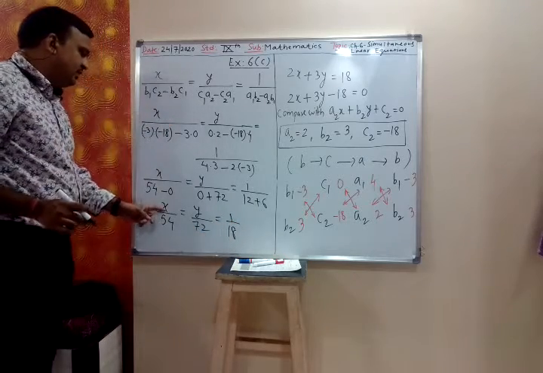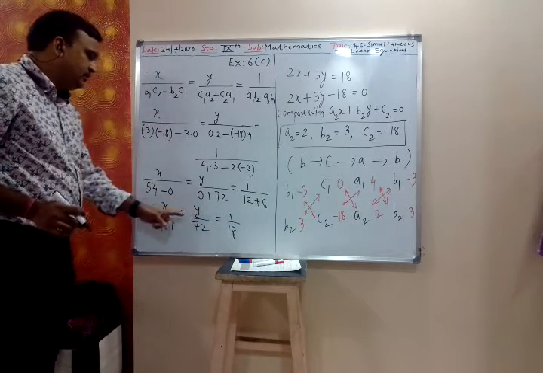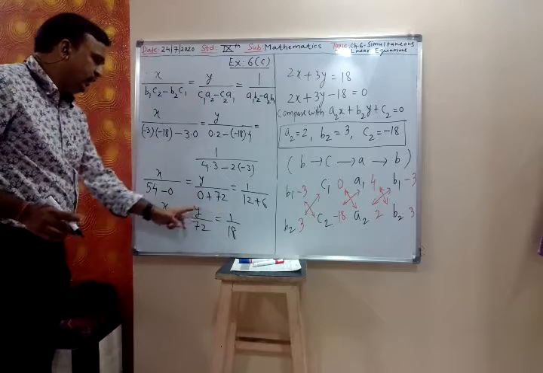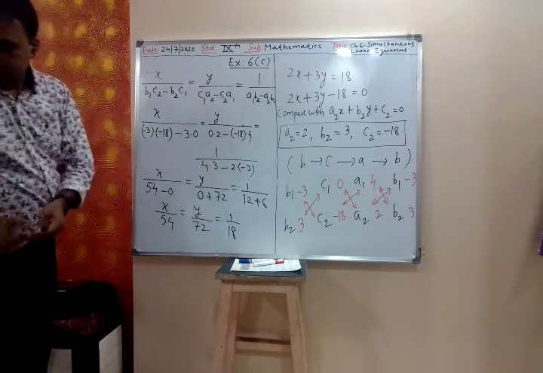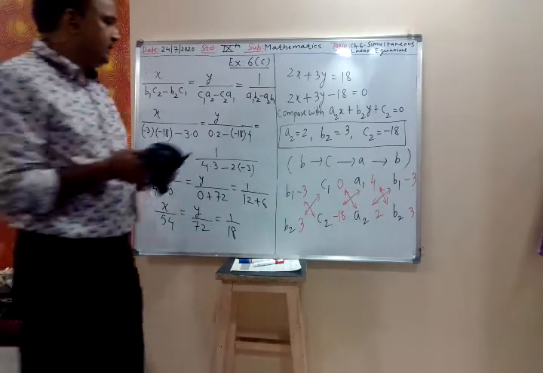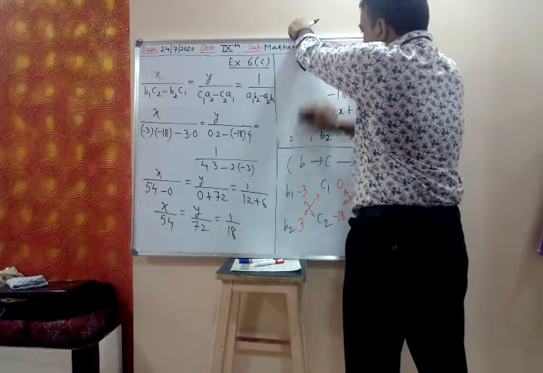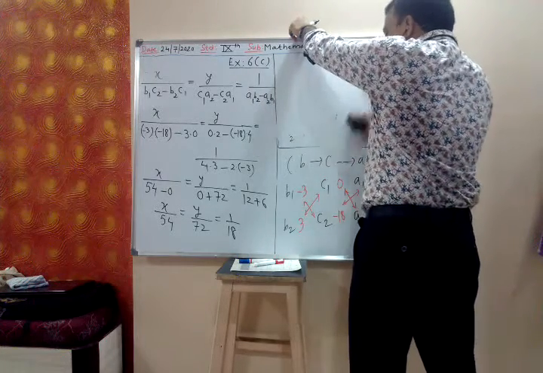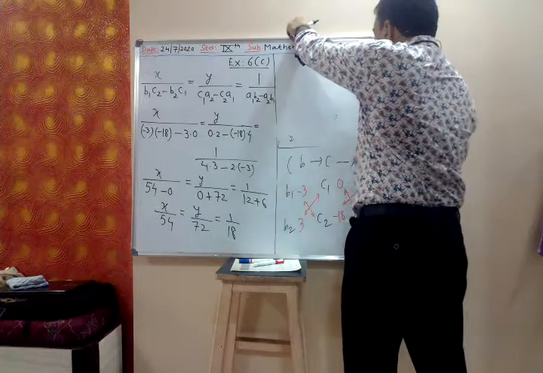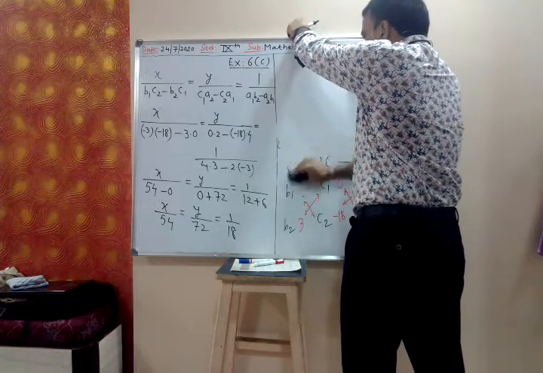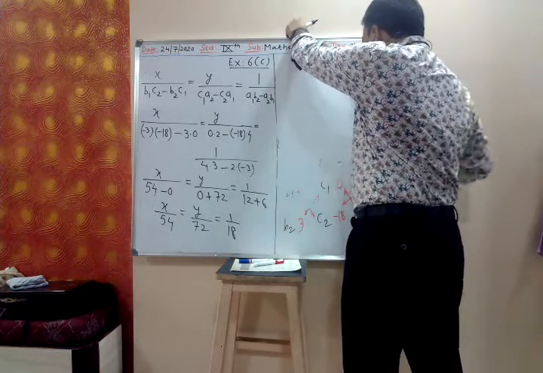Now we compare: A is equal to B is equal to C, that means A is equal to C and B is equal to C, and solve this. So X upon 54 is equal to 1 upon 18 and Y upon 72 is equal to 1 upon 18.